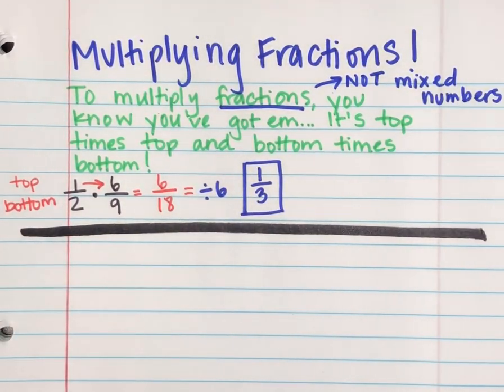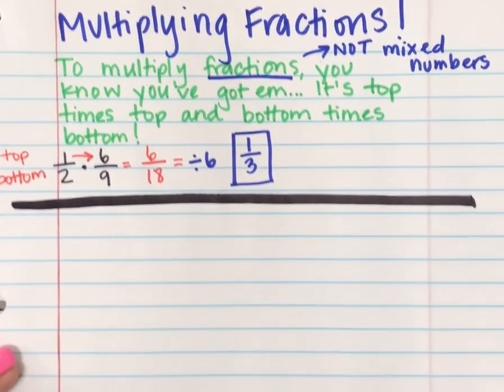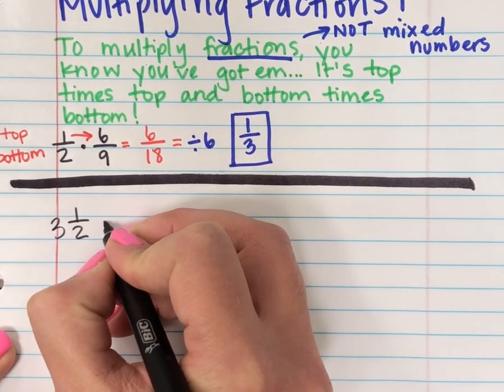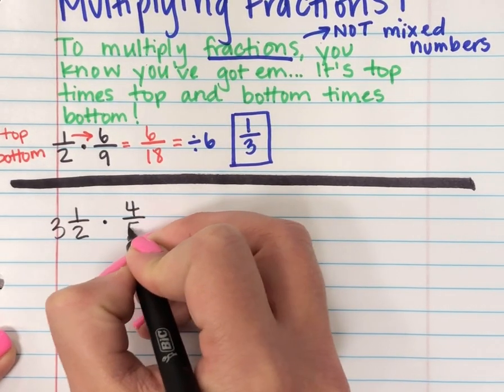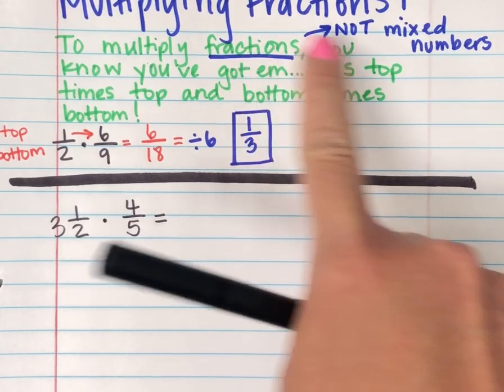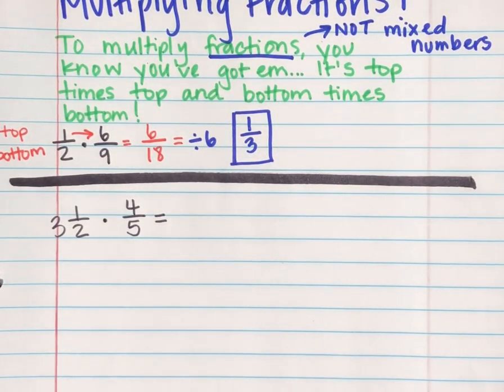All right, let's do our next example. Next example, we're gonna start with 3 and 1/2 times 4/5. And notice we don't have two fractions this time. We actually have a mixed number. So we have to make sure that we change our mixed number to a fraction.